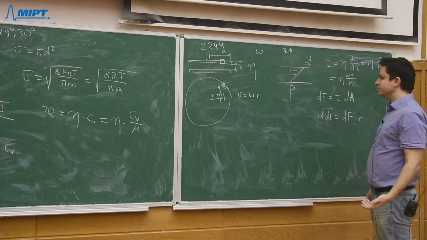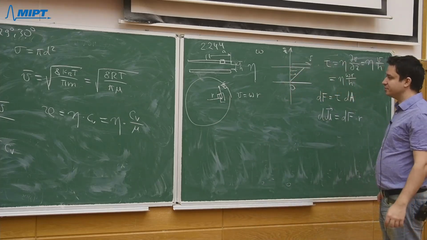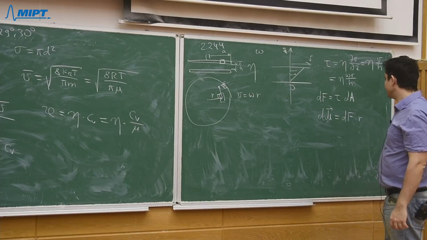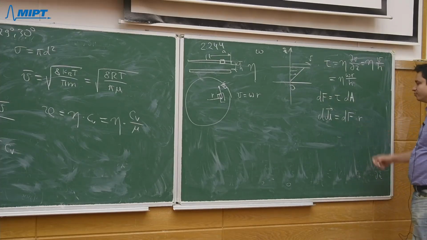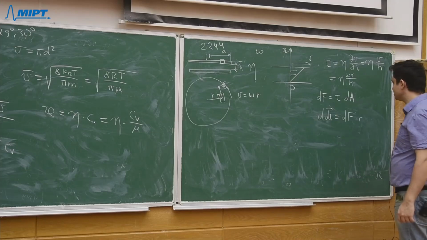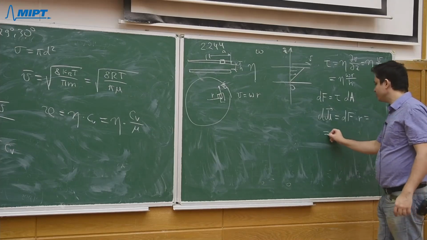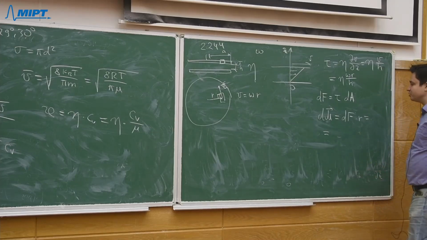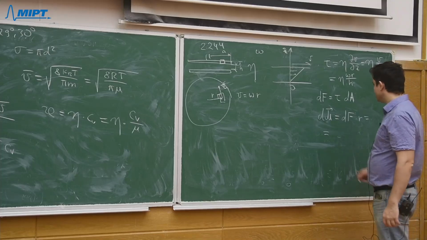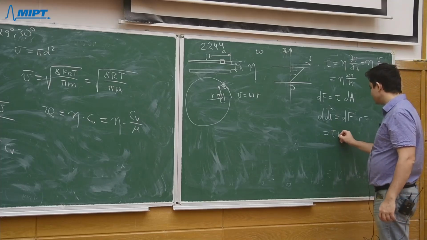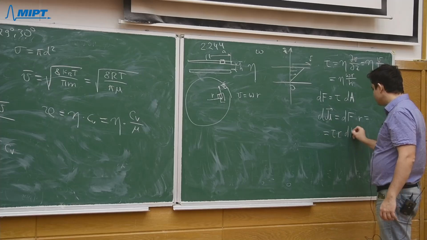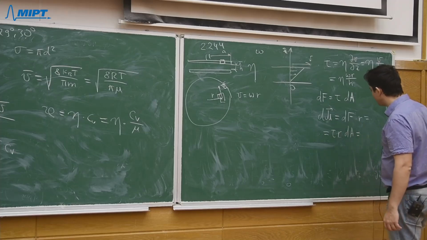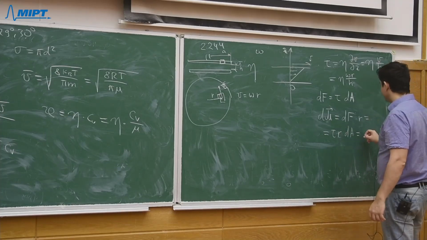And since we have a right angle between them, the sine is equal to 1. So I just have only the product of force by the distance. So the contribution of the area to the total moment of force equals tau times r times dA. Okay. So once again we replace tau with this one.